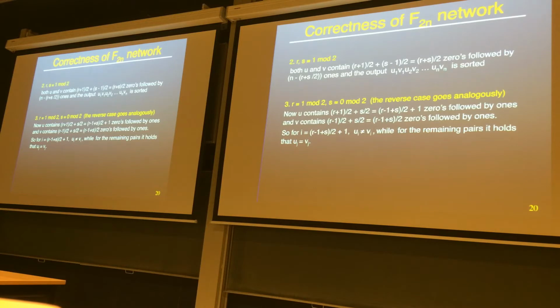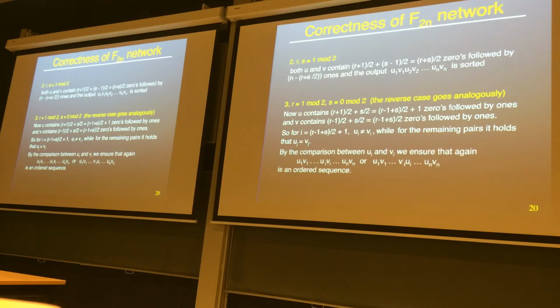And that means that the comparator is to work. Why? Well, if we know that at that position the inputs differ, then for the remaining ones they should be equal before and after. And that means that thanks to the comparator, comparing Ui and Vi, we have a completely sorted output.